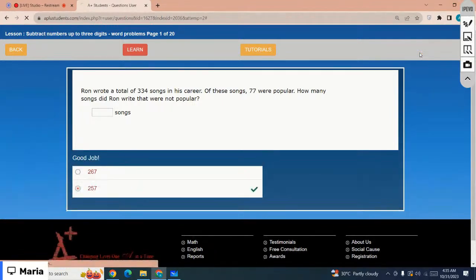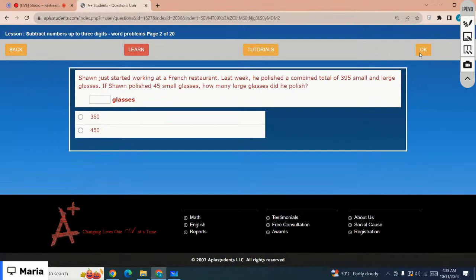Okay, the next one is Sean just started working at a French restaurant. Last week, he polished a combined total of 395 small and large glasses. If Sean polished 45 small glasses, how many large glasses did he polish? So, which is the correct option? You have to do 395 minus 45.